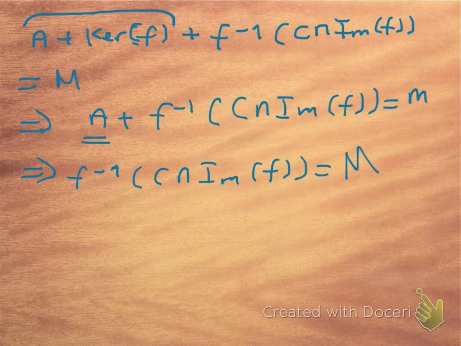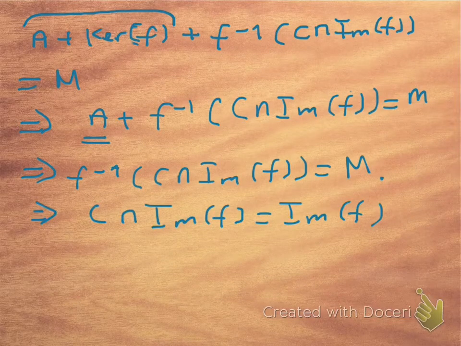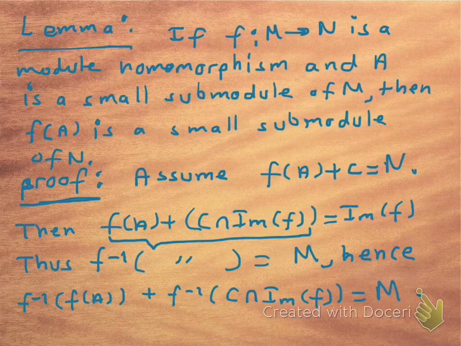Now, applying F to both sides of the last equality we get C intersect image of F equal to image of F, showing that the image of F is contained in C. But then let's go back to what we had at the beginning.